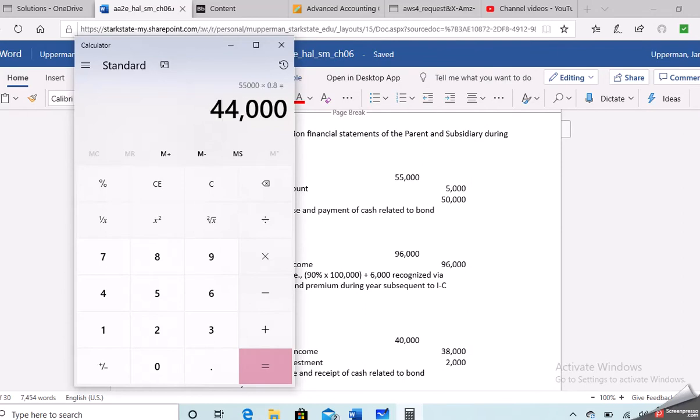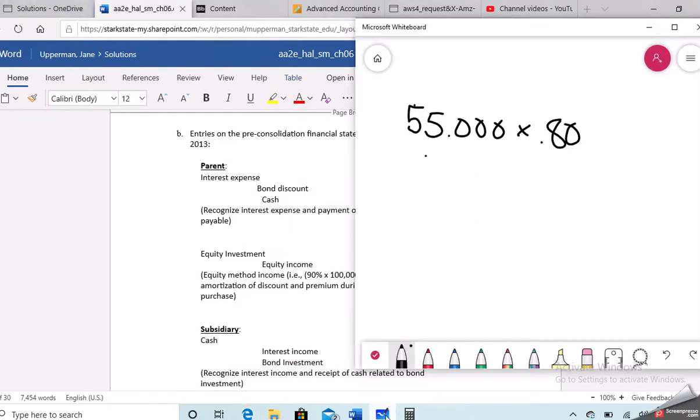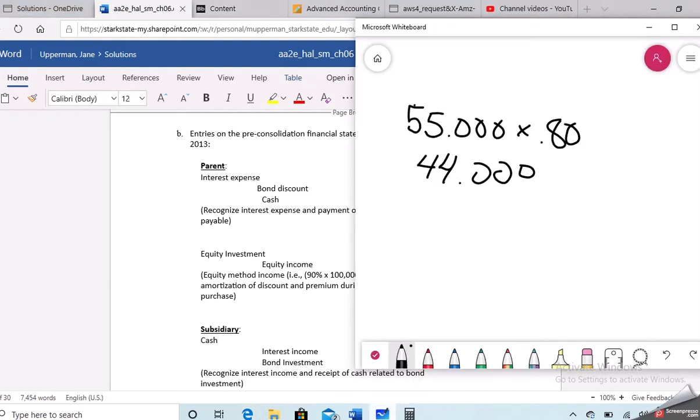That gives us $44,000. Then I compare that to the interest income which the subsidiary is recording, which is the $38,000. That is where the $6,000 difference is coming in.